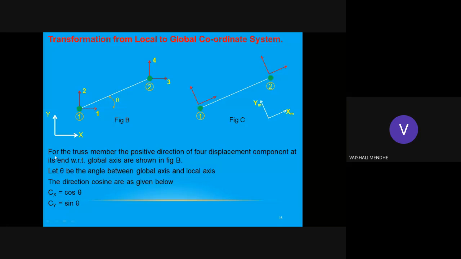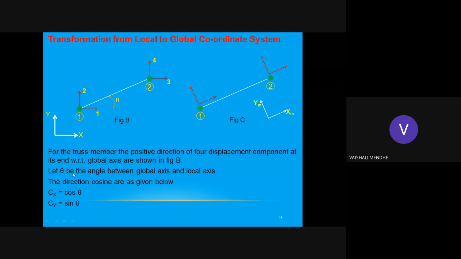For the truss member, the positive directions of the 4 displacement components at its ends with respect to the global axis are shown in figure B, as I just told you. There will be 4 displacements, at joint 1 and joint 2: 1, 2, 3, 4, shown on the line diagram.